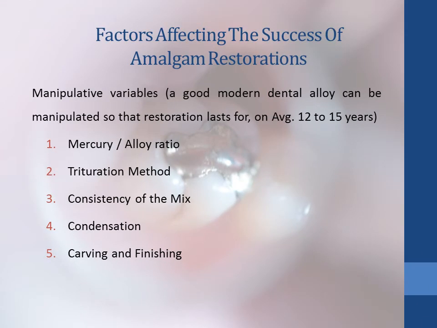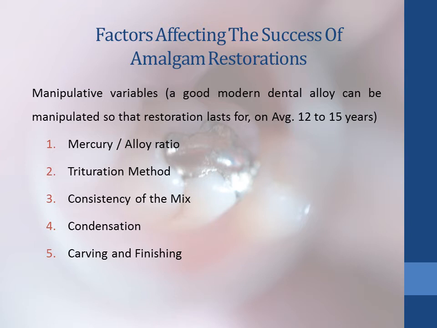The manipulative variables are very important factors affecting the success of the amalgam filling, and a good modern dental alloy can be manipulated so the restoration lasts for an average of 12 to 15 years, and there are people who have amalgam fillings as old as 40 to 50 years.